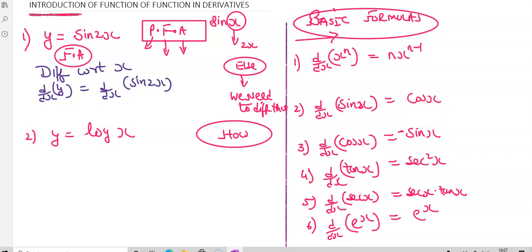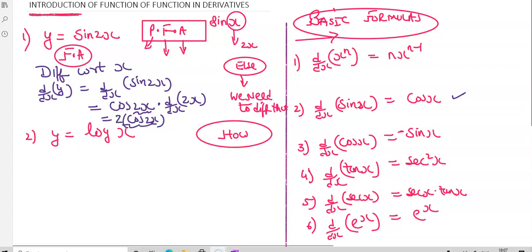Now ideally derivative of sine 2x is cos 2x, but since the angle is different from x, I have to differentiate this 2x. So I'll be reaching the answer cos 2x and derivative of 2x is 2. This is how I am reaching.